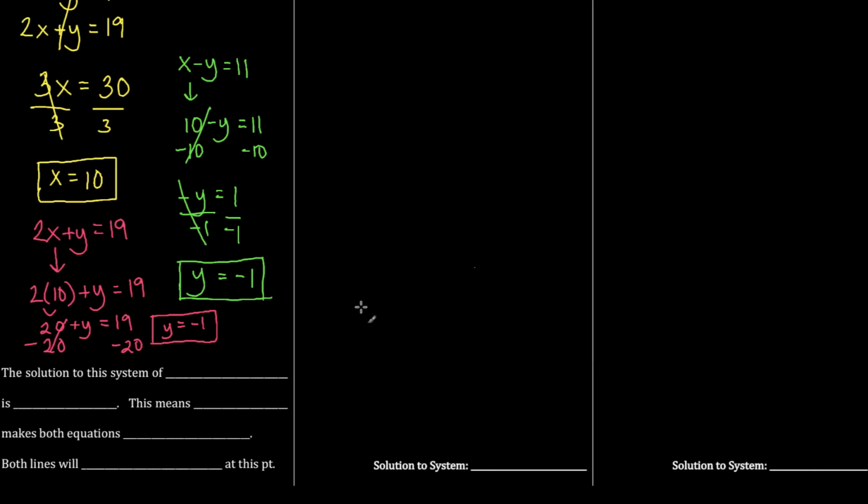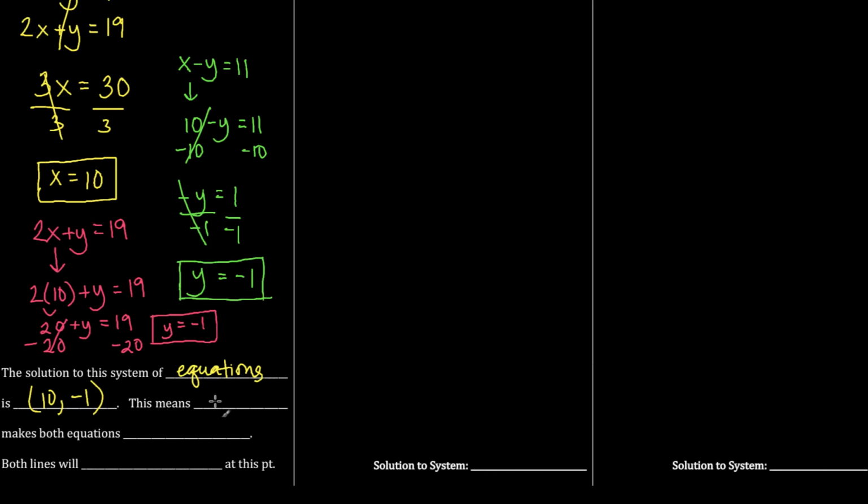And don't forget, we express our solution as an ordered pair. So the solution to this system of equations is, remember x first, so 10 comma negative 1.